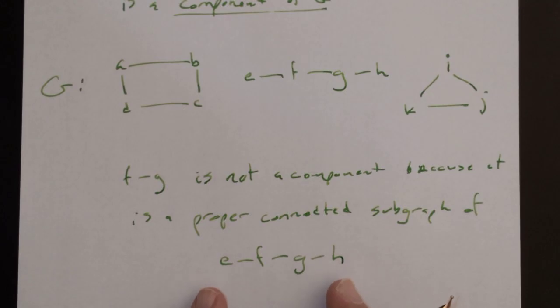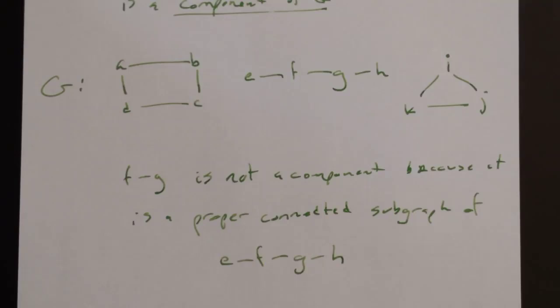But this is not connected to anything bigger than it. Okay, so A, B, C, D is a component. Yes, I, J, K is a component, but any parts of that is not a component, is a smaller part of a bigger connected. Of a component. Yes, okay.